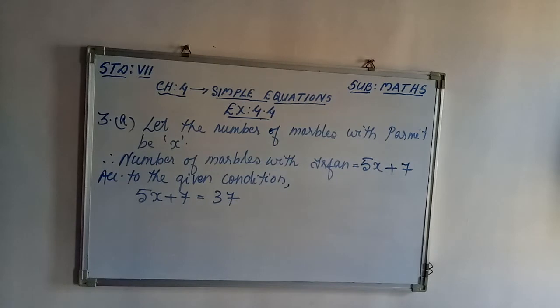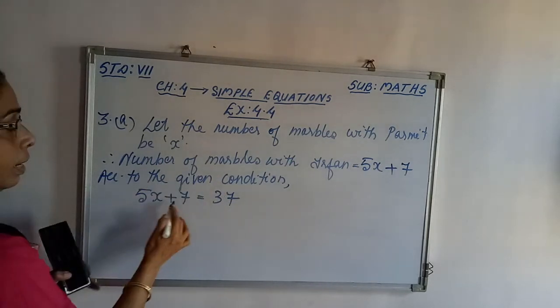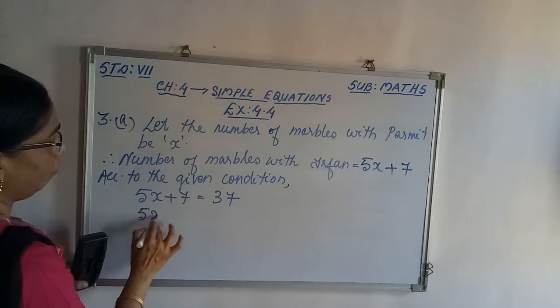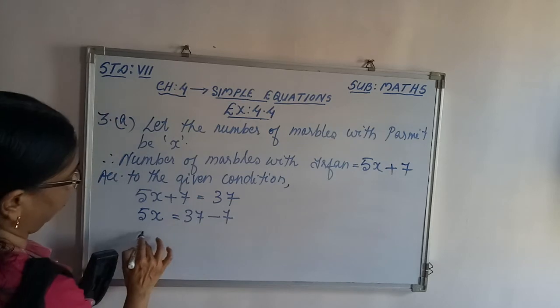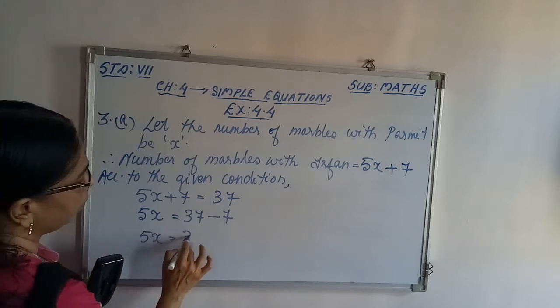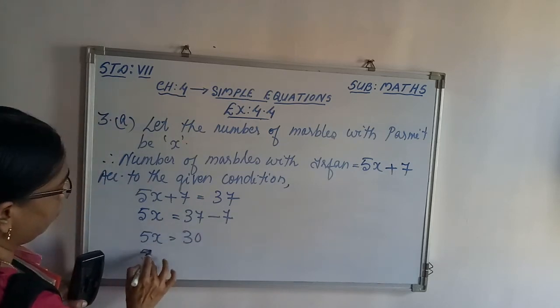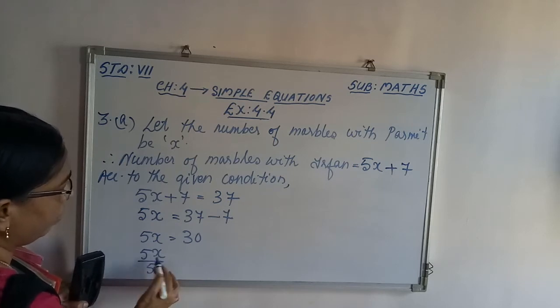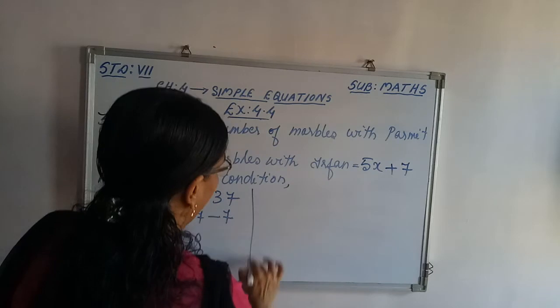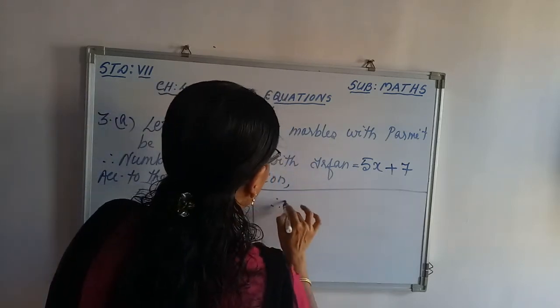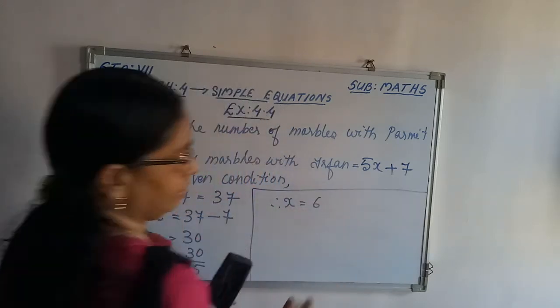Because 37 is the number of marbles with Irfan, which is given in the question. Now we can solve this. Transposing 7, 5x is equal to 37 minus 7. 5x is equal to 30. Now divide both sides by 5. 5x upon 5, 30 upon 5. Therefore, x is equal to 6.